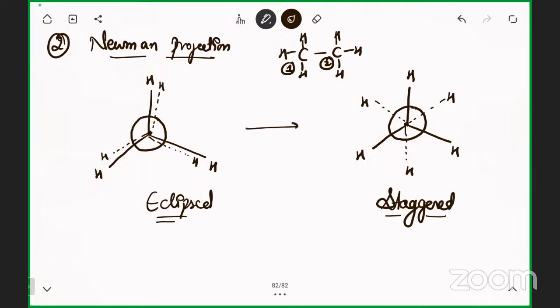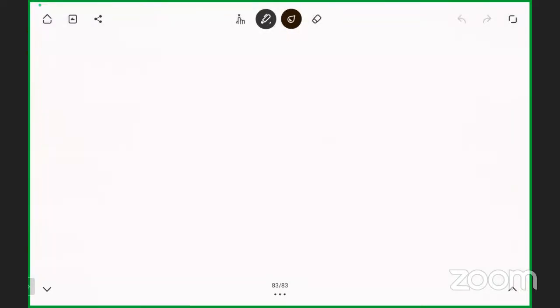Okay, let's do another example. Now you have to make the Fischer projection, the Newman projection, and the Sawhorse projection. I'm giving you the structure. Can you do it? Yes or no?